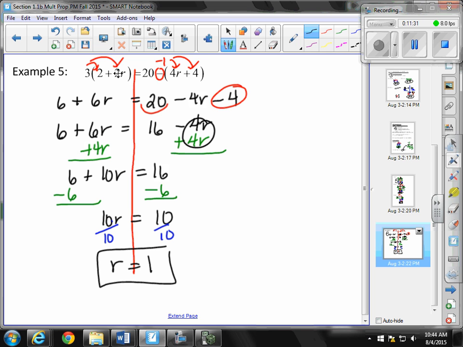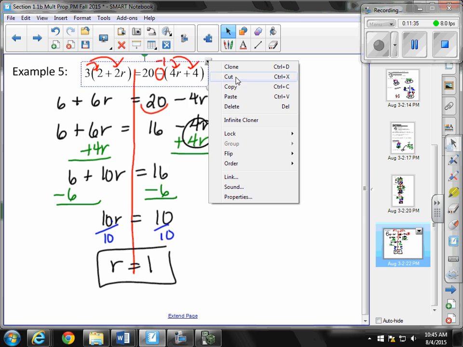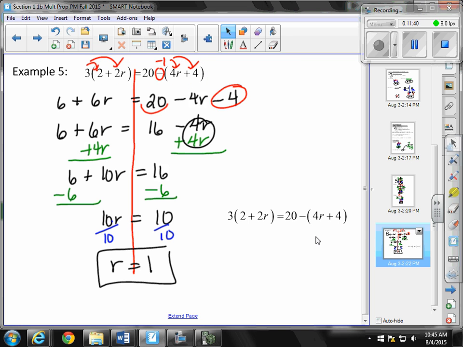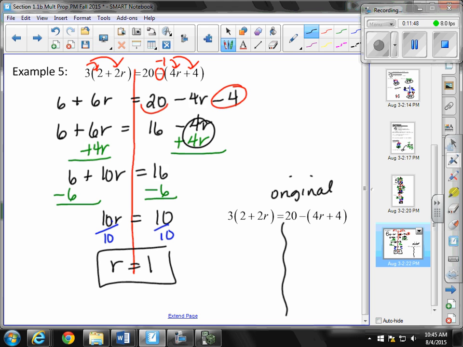Let me see if I can copy that equation. When I check, I'm going to start with the original equation. And I'm going to do the left-hand side and the right-hand side separately. Everywhere where I have an r, I'm going to replace it with 1.